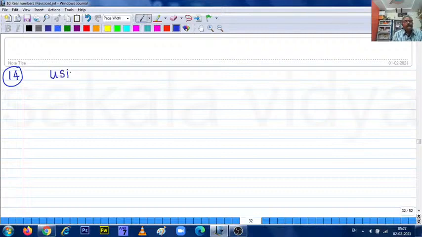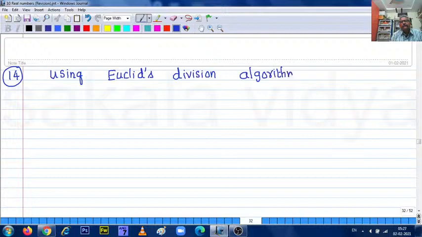Using Euclid's division algorithm, find the HCF of the following.